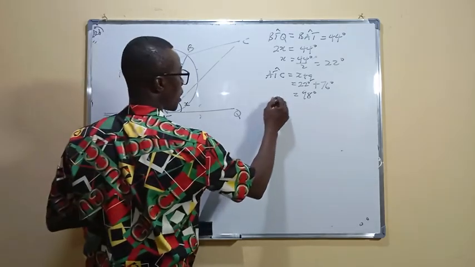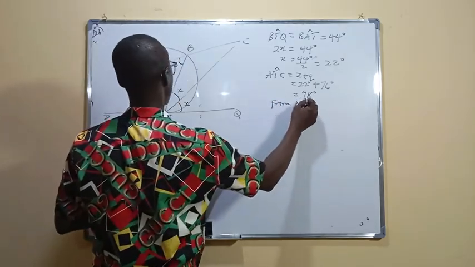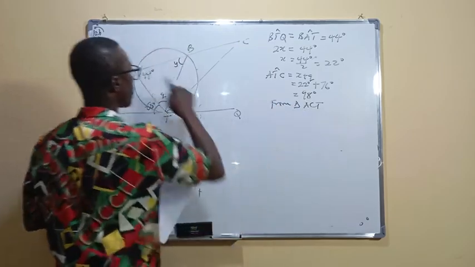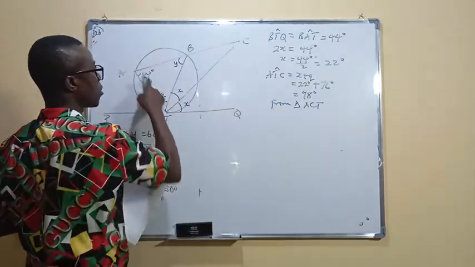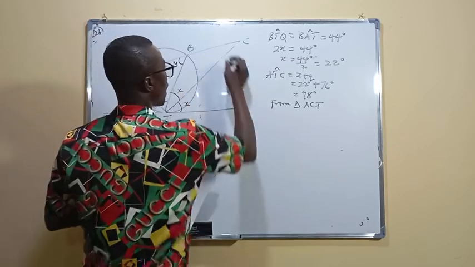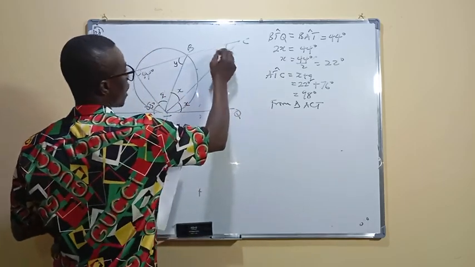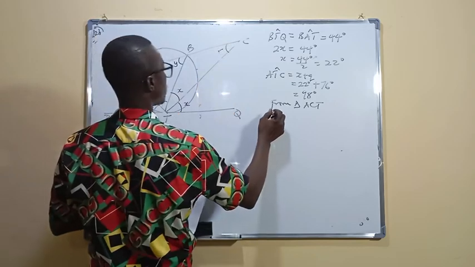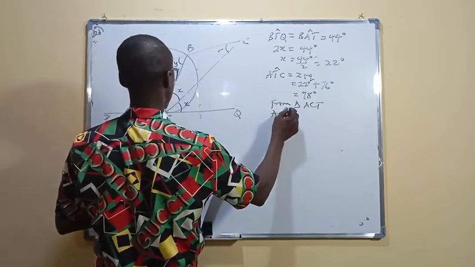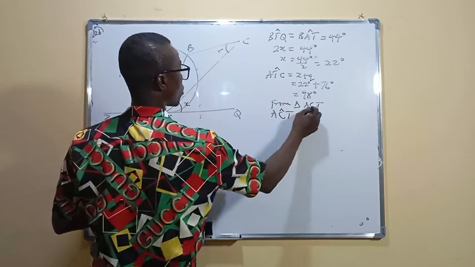In other words, from triangle ACT, I can call this angle here R. So I'm going to say angle ACT is equal to R.